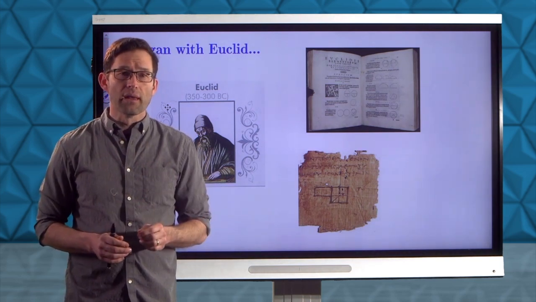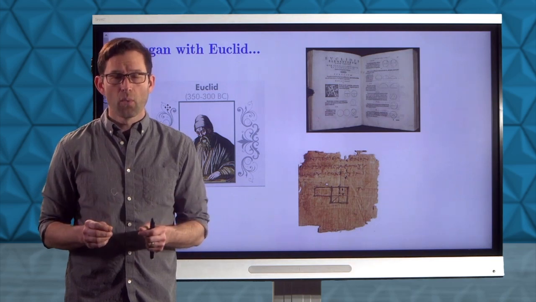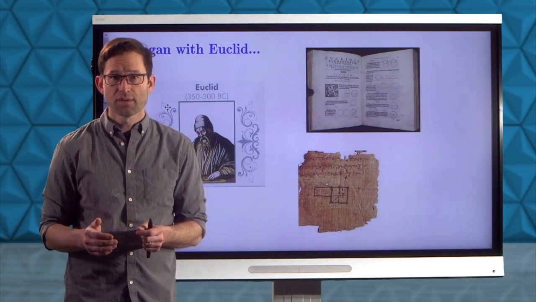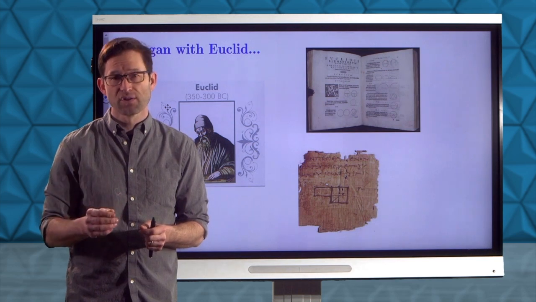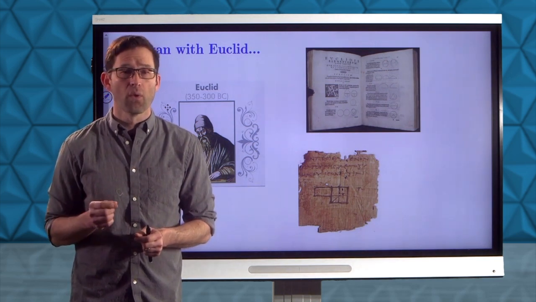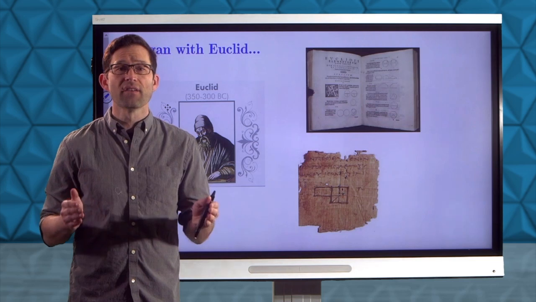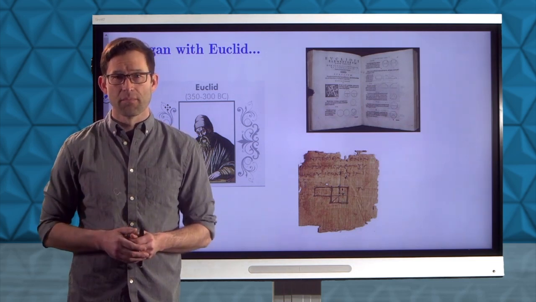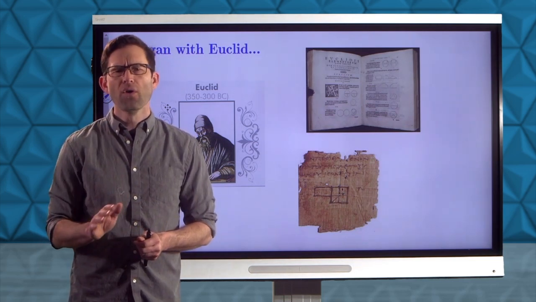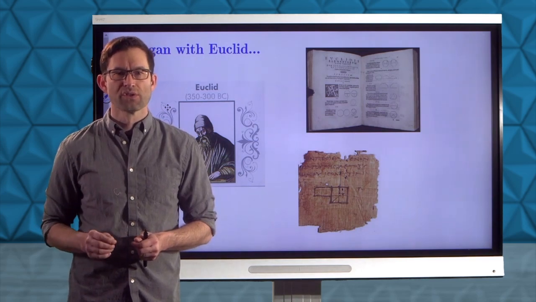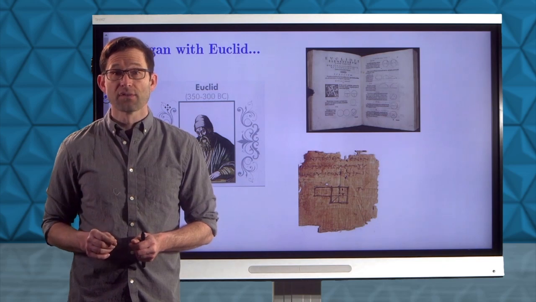Because what Euclid believed was that if you started with some basic assumptions, some basic axioms or postulates, and we looked at a few of those back in Unit 1, then you could build an entire what's called axiomatic system from it and prove all sorts of important geometric results. He also liked constructions quite a bit, and we'll get into those in the next unit.